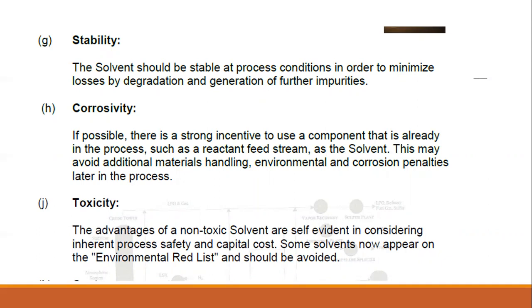We usually try to use the reactant feed stream as the solvent, which is reacting with the feed stream, and this will aid in avoiding the additional material handling and the environmental and corrosion penalties.